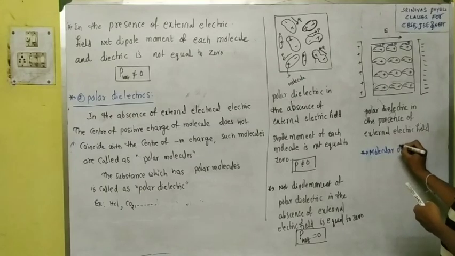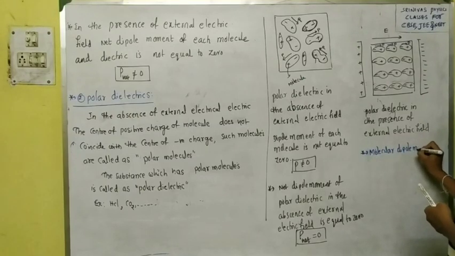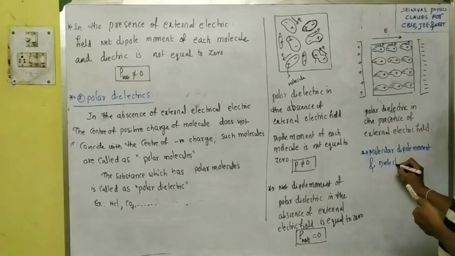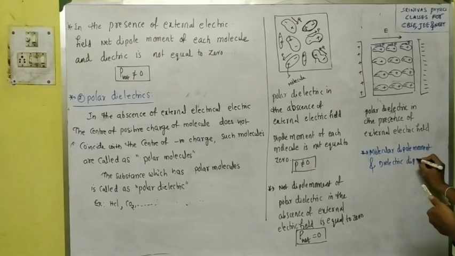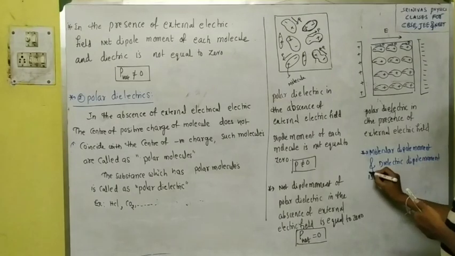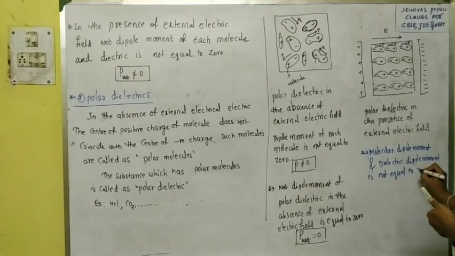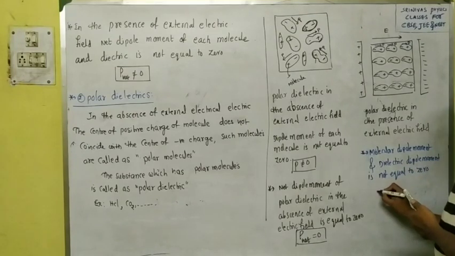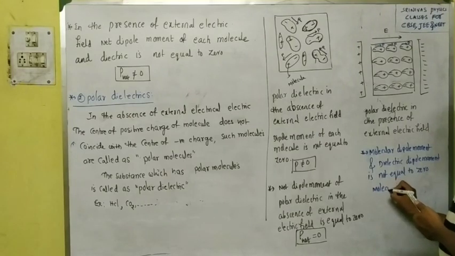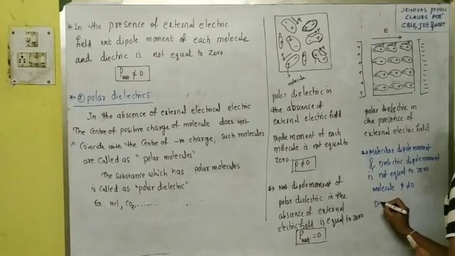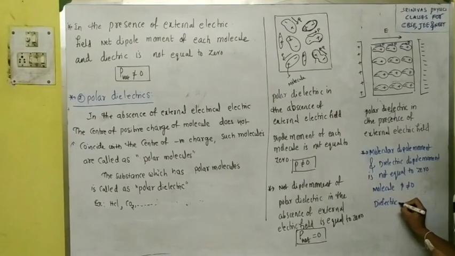Molecular dipole moment and dielectric dipole moment are not equal to 0, right? Molecular dipole moment is not equal to 0, and the dielectric substance has a net dipole moment too.